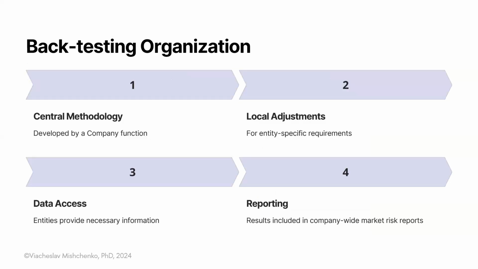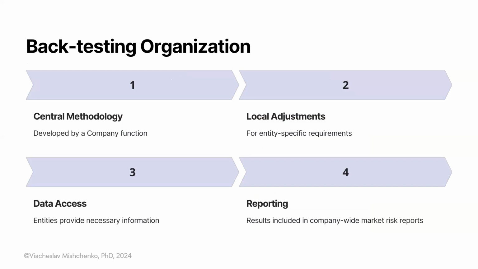So how is backtesting organized? For example, in large companies and organizations, we usually need a centralized approach to backtesting. This ensures consistency, but on the other hand, it allows for local adjustments when necessary.